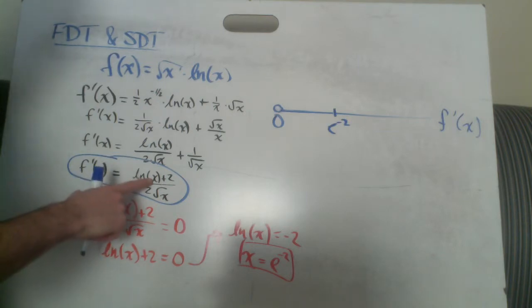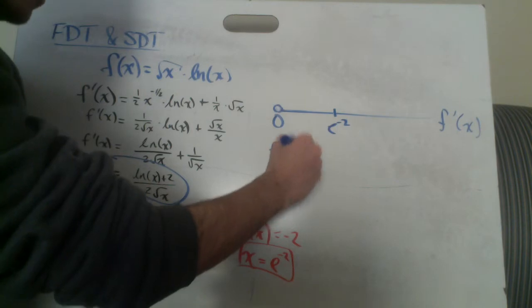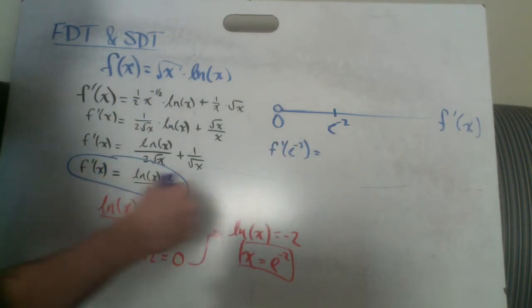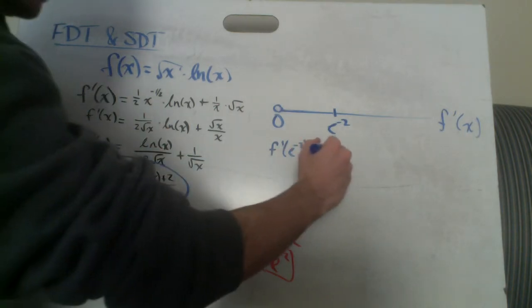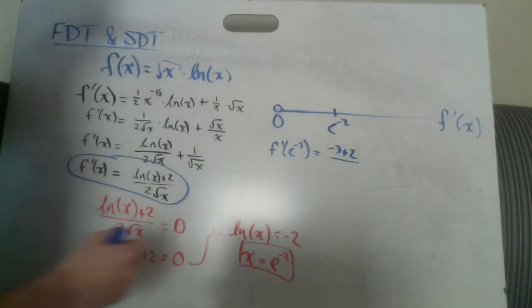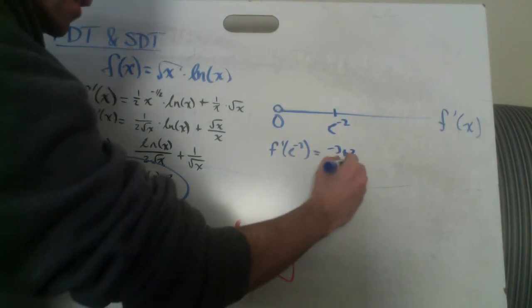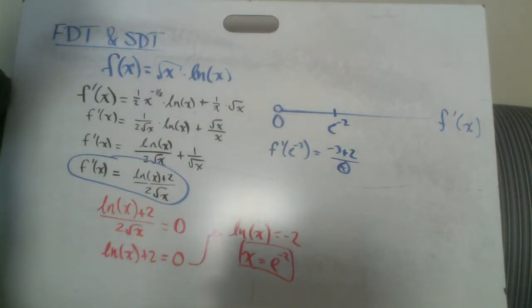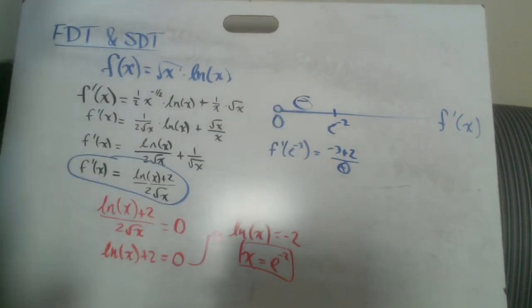So if I pick e to the negative 3rd, f prime of e to the negative 3rd, well, ln of e to the negative 3rd is just negative 3. And square root of x is always positive. So I don't know what this is, and I don't really care. It's some positive number. But I do care that my numerator is negative. Because my numerator is negative and my denominator is positive, this has to be negative.